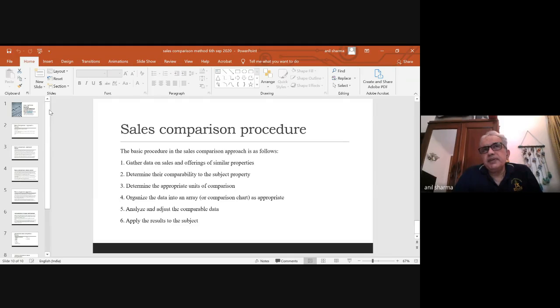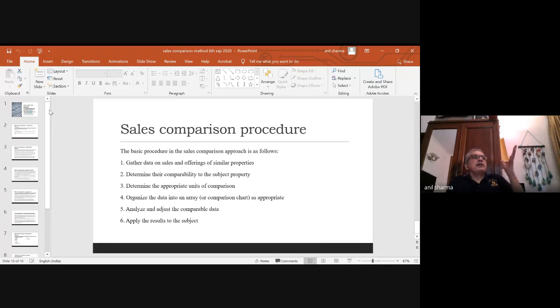To be honest, even for large plants you use sales comparison sometimes, but you use it at the business level also. You look at the entire business of a power plant being sold, and you compare it with another power plant. But it would be theoretically incorrect to do that unless the situation is really comparable between the two.